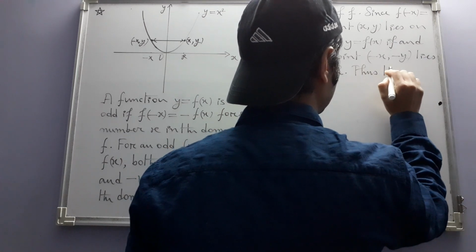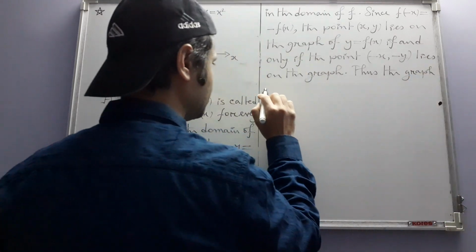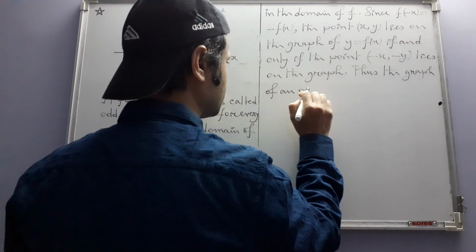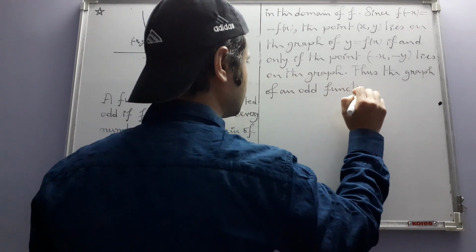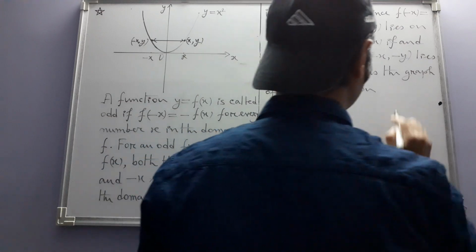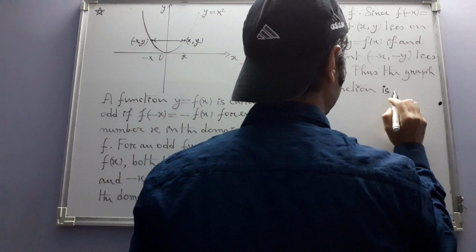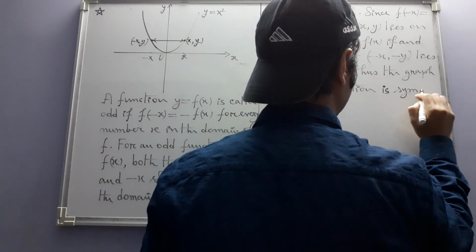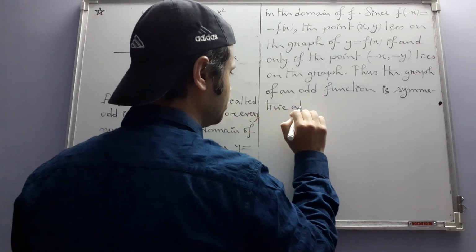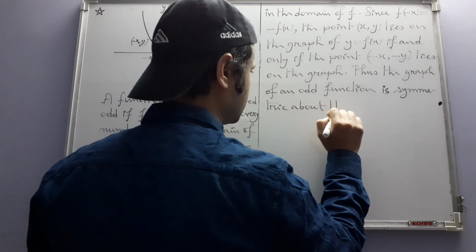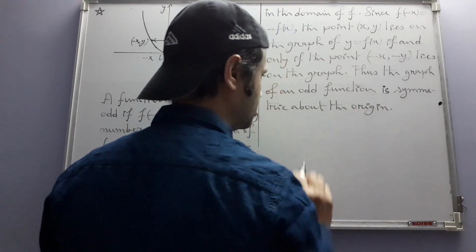Thus, the graph of an odd function is symmetric about the origin.